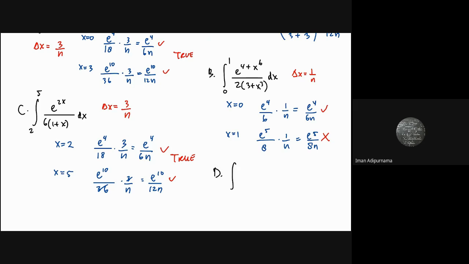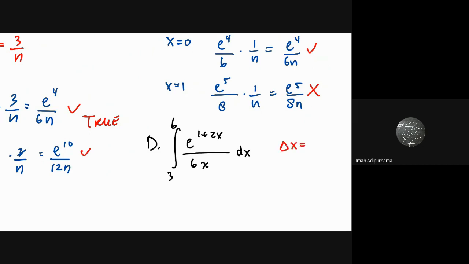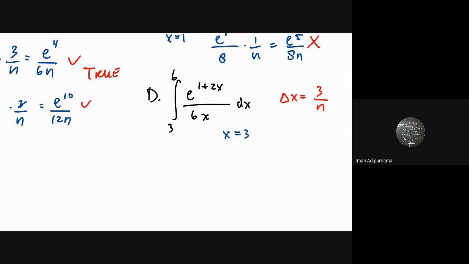And number D is from 3 to 6. We know that delta x is 6 minus 3, which is 3, so 3 over n. We check x equal 3, which is e to the 7. I think we can see that this is wrong, right?